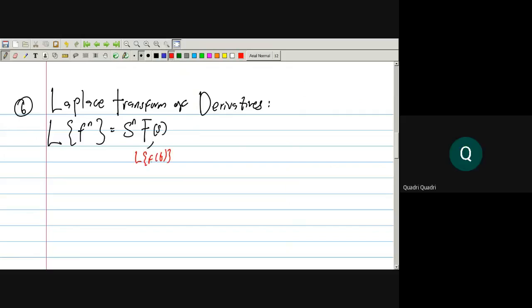So s to the n F of s minus s to the n minus 1 f of 0. Don't forget this small letter f. Then minus s to the power n minus 2 f prime of 0, minus, dot dot dots, up to f raised to power n minus 1 of 0.